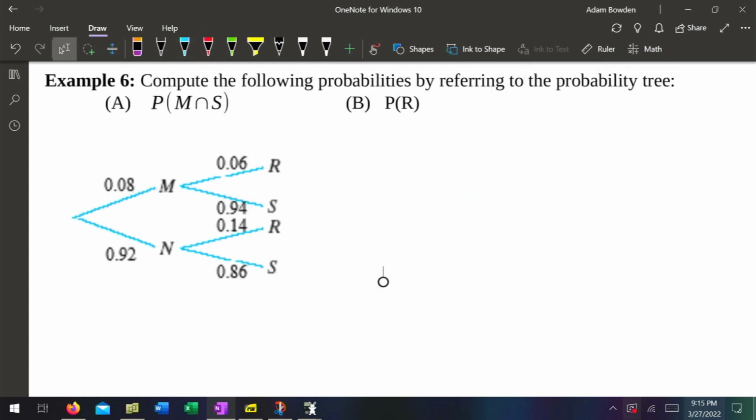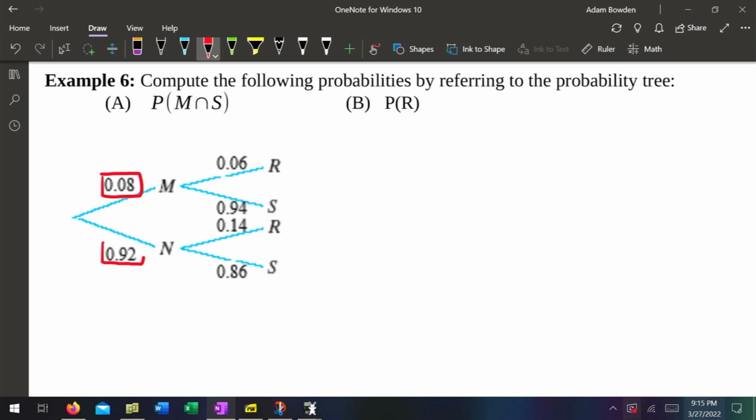This next example, we're going to compute probabilities using the probability tree. So let me highlight what we can do with this probability tree. Each branch along the tree has a number, which is the probability of that event happening.